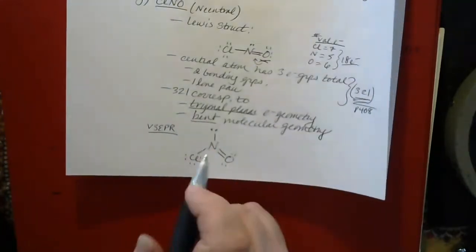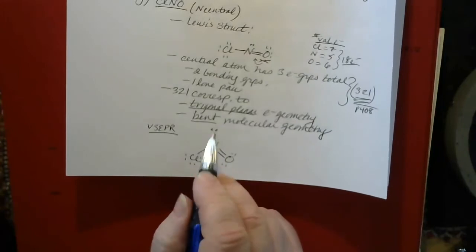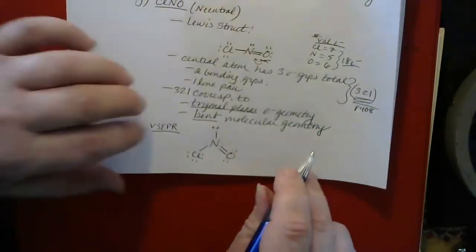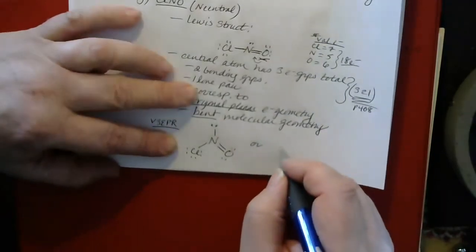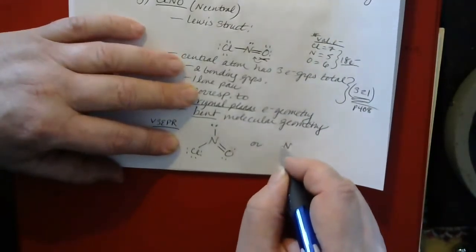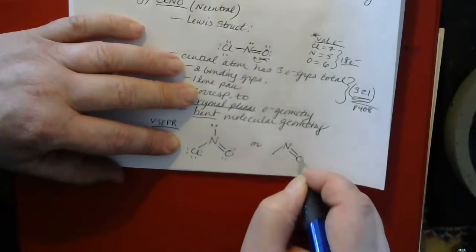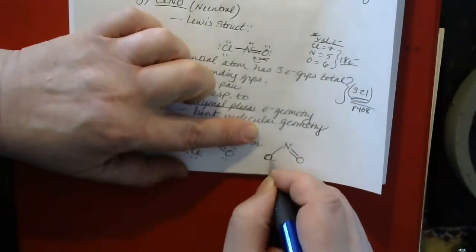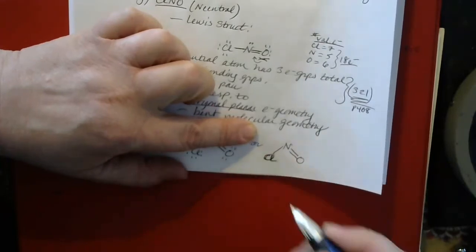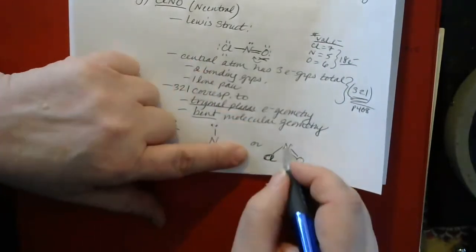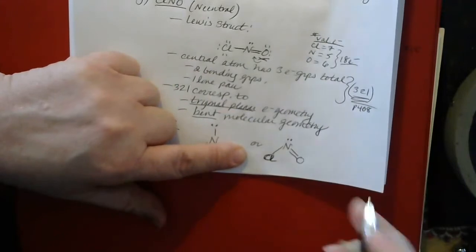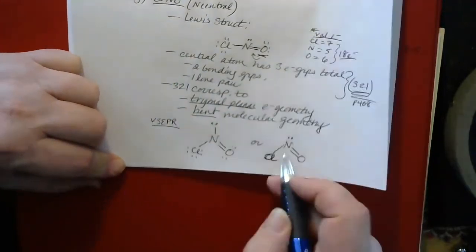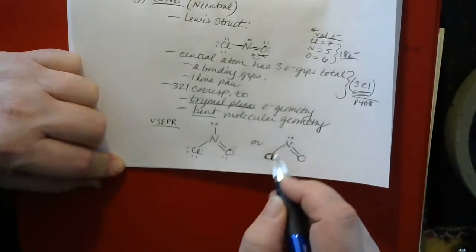So this would be emphasizing the electron geometry, trigonal planar, as you can see. Or if you want to emphasize the molecular geometry, you can draw it like this. That's a Cl there. And that emphasizes that the molecular geometry is bent.